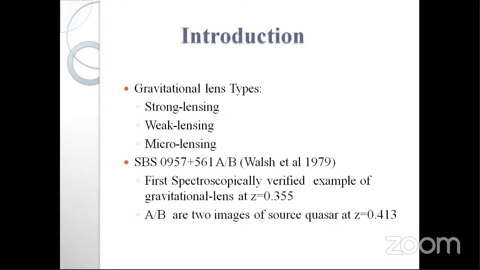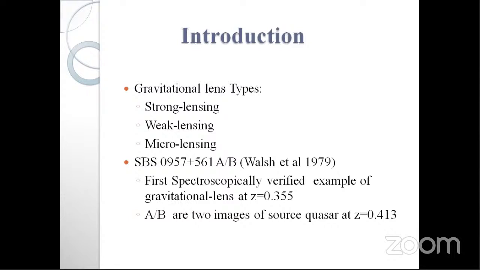However, for an optical arrangement of a lens whose projected mass density is above the critical value, it can produce multiple images and magnify the background source. This is called strong lensing. There may be weak lensing and microlensing as well.